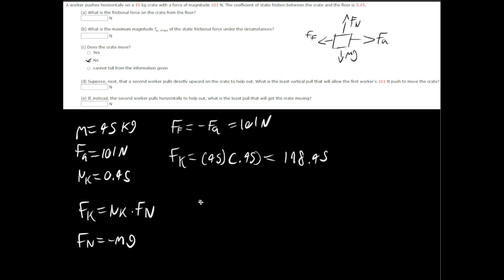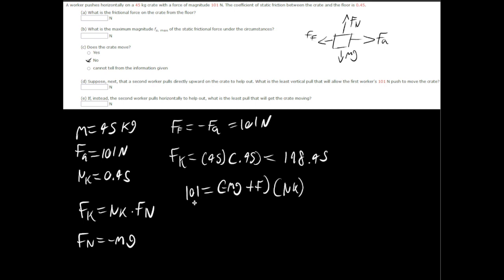So to move the crate, 101 is going to equal the negative mg plus the force times the friction coefficient, because we're trying to find now this Fk is going to be the force applied, because that would be the least amount. That would be the force needed to move the crate. So Fk has to equal 101.